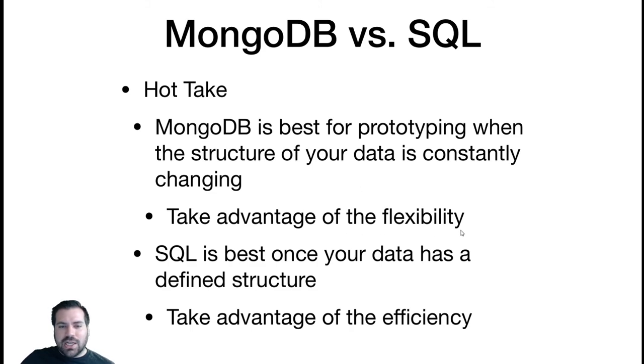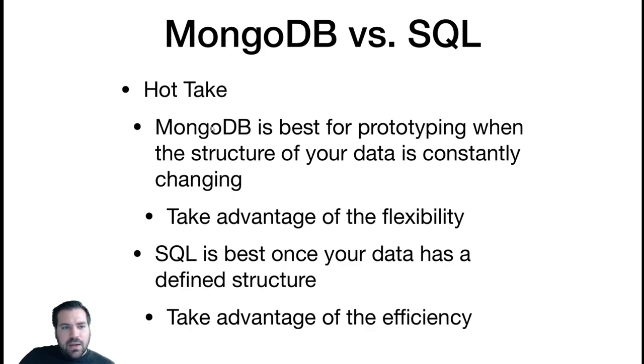And you can just change all of the structure of your database at the drop of a hat. You decide, hey, I want different attributes in all of my objects. No big deal. And then you just add it into your code. When I pull out information, if a specific document doesn't have that attribute, use whatever default value you want for that attribute, if it's old data that you created before you made that change.